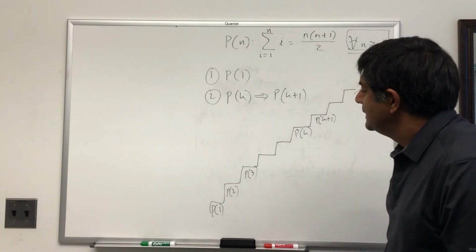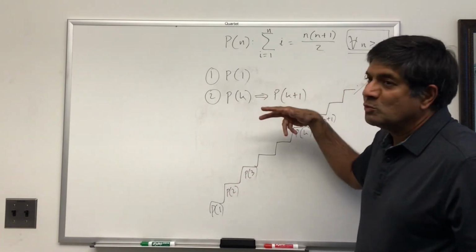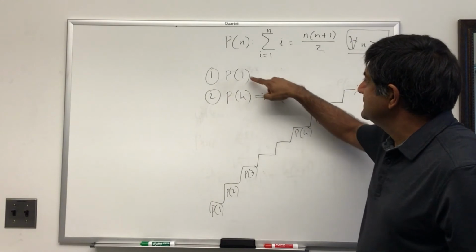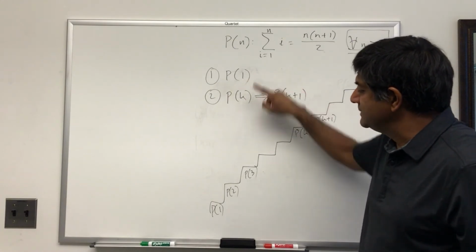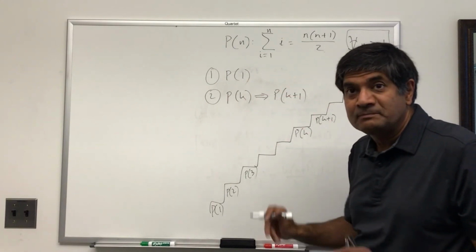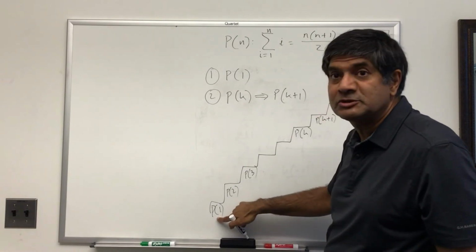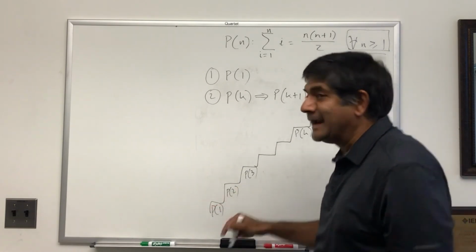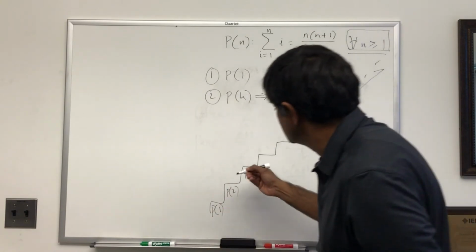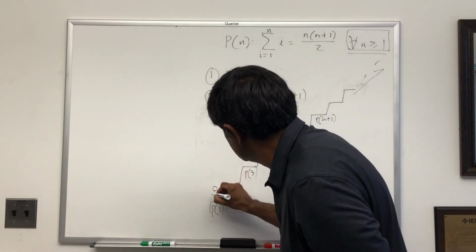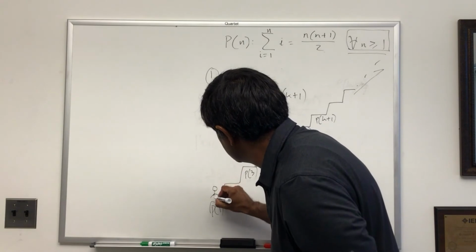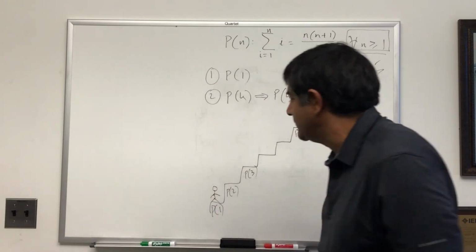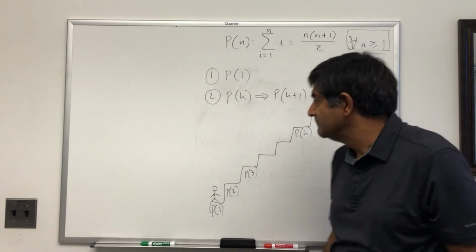Statement 1 gives us the information that this proposition is true, so you can think of that as getting onto the first step. So if this is one of us here, we are now standing on the first step.